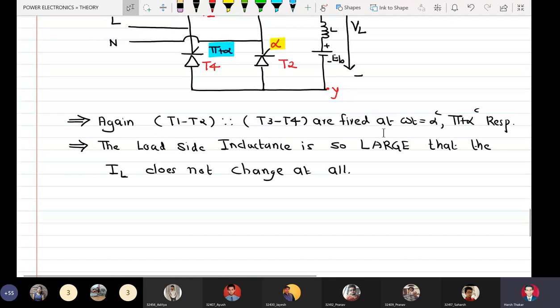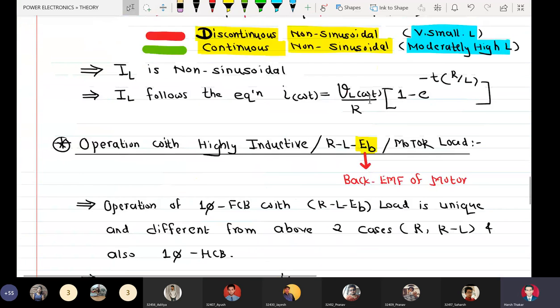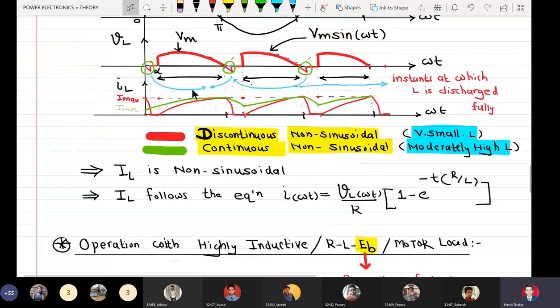So what is happening here, students, is that here we are having Imax and Imin.